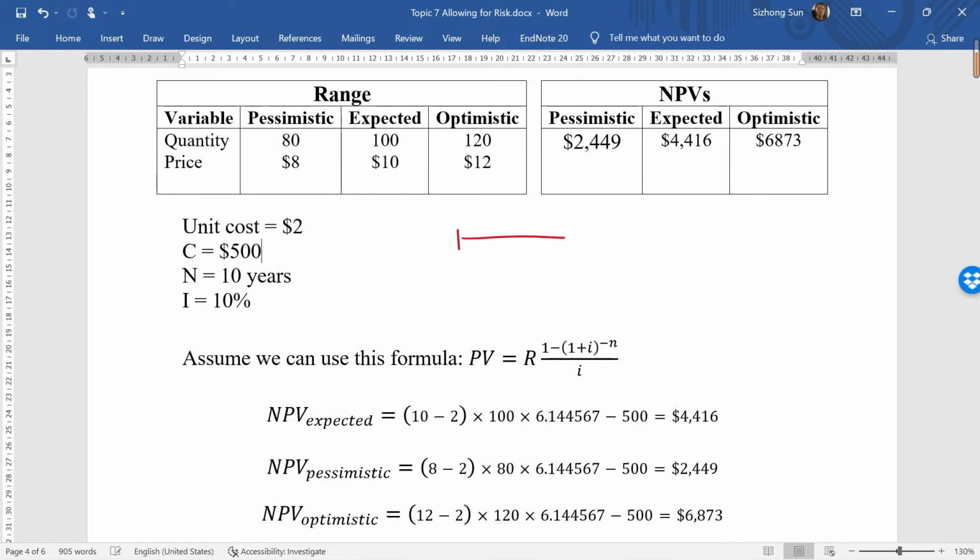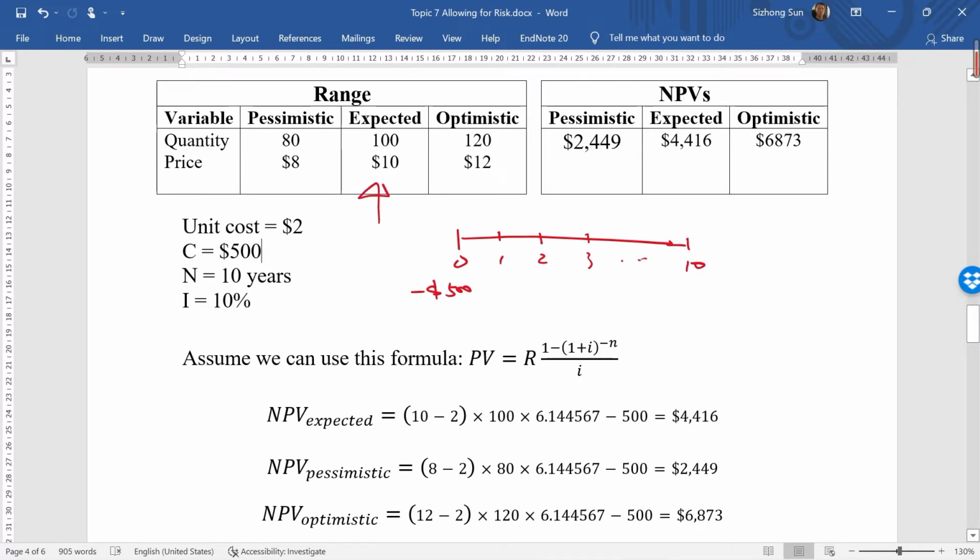Let's use a timeline here. There are 10 years. So there's an initial cost of $500, and let's look at the expected situation.